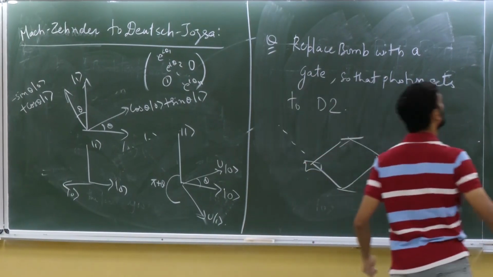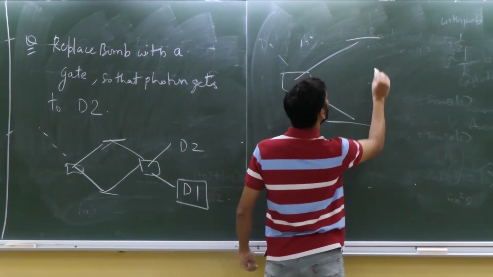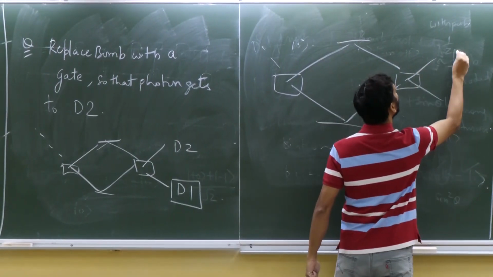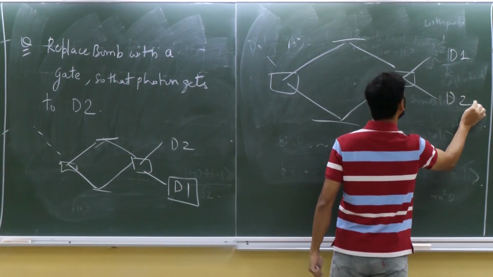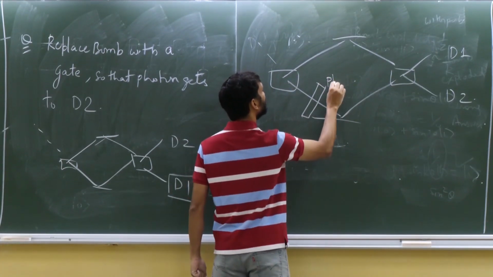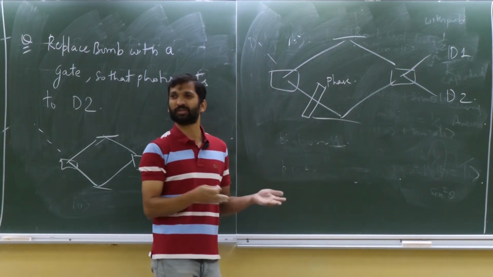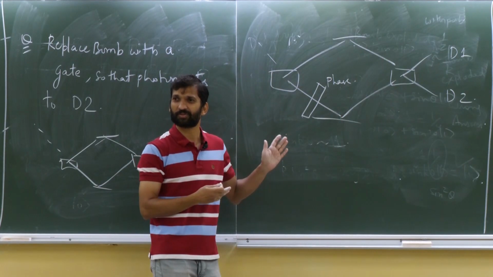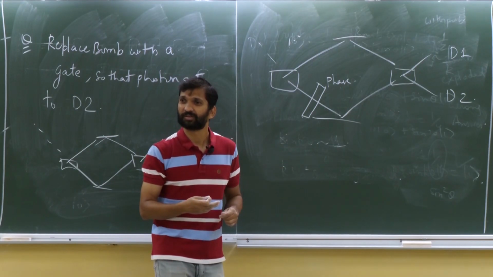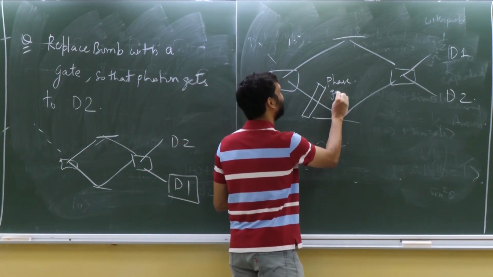You can always assume the photon comes from here. If I put a phase gate here, a phase shift, what is it called? Optically, there is some device which changes the phase. Okay, phase gate.